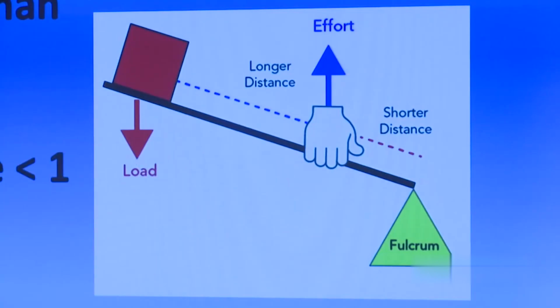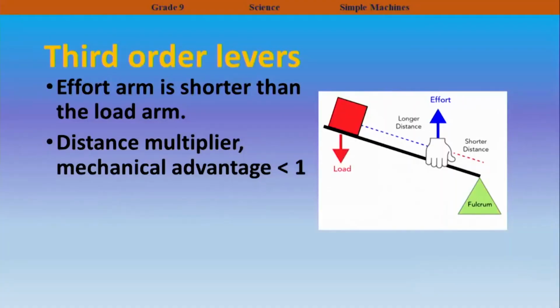So, in this case, it is a distance multiplier, because the load is moved a much longer distance than the effort, but mechanical advantage is less than 1.